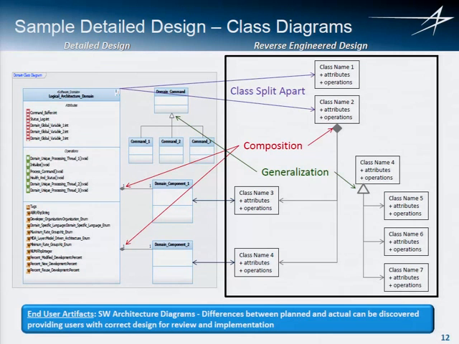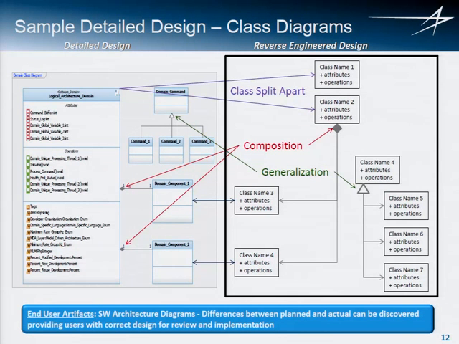And here you can easily spot some similarity. You can still see the composition and the inheritance relationship, and also some direct mapping of the classes. But then you can also see some differences. So on the left, the logical architecture domain class is actually split into 2 classes in the actual code.